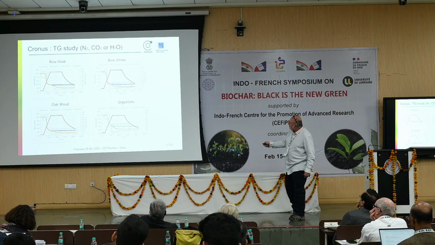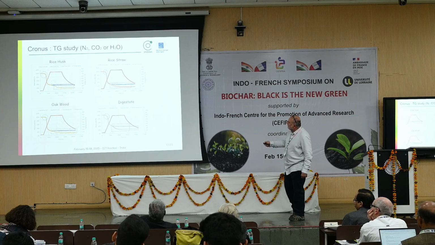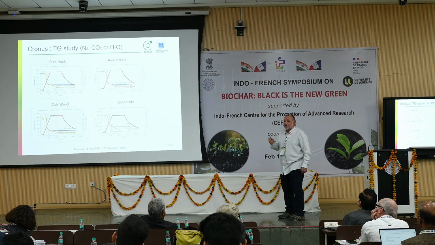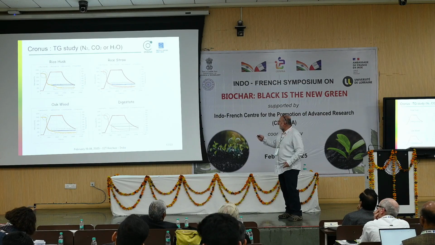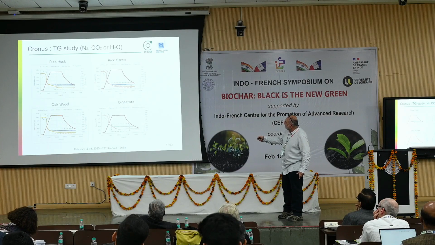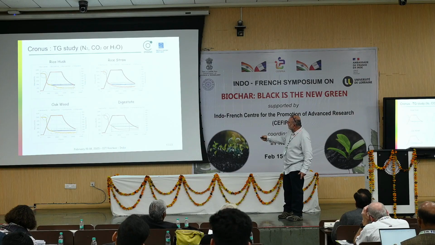And here you have the evolution of the biochar heat, depending on the temperature, depending on the carrier gas you use, nitrogen, or if you have CO2, or if you have steam, and you can see that you have some activation or not. The blue curve is under nitrogen.